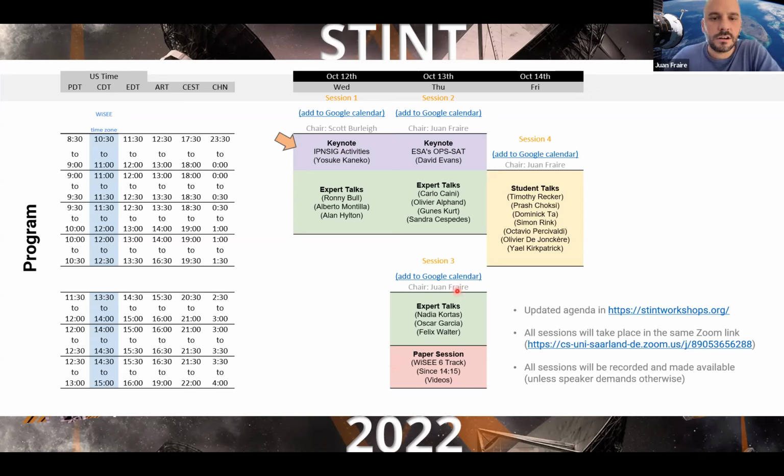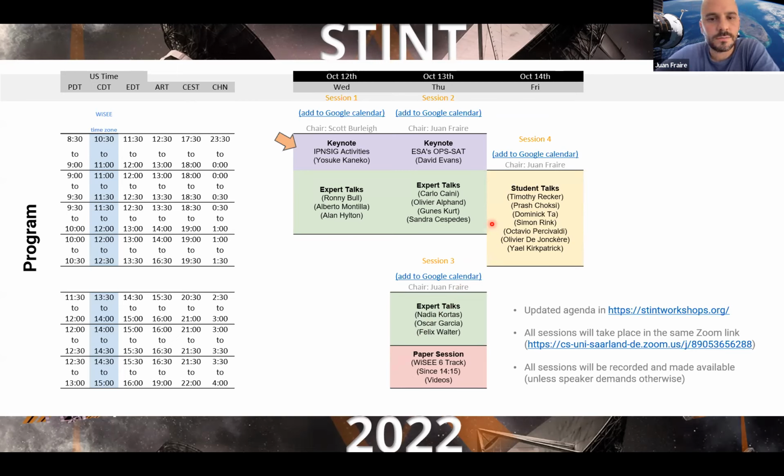At the end, on Friday, we have a series of very small but possibly very interesting student talks, where different students working on related space networking topics share ongoing efforts from master theses and PhD theses and so on. Topics, of course, will be mostly about networking applied to the space domain.